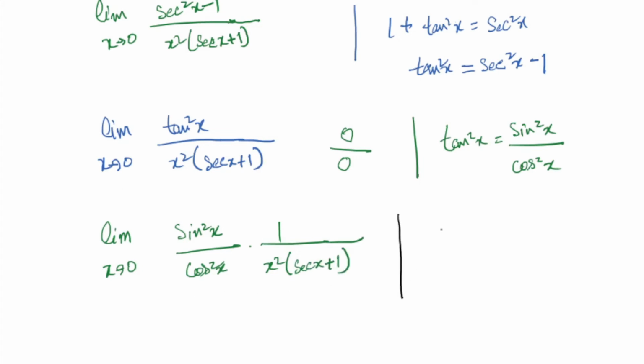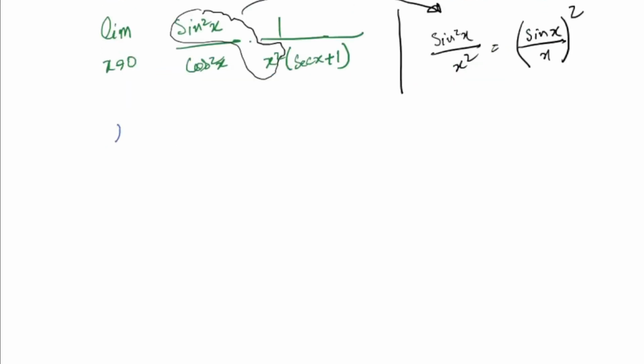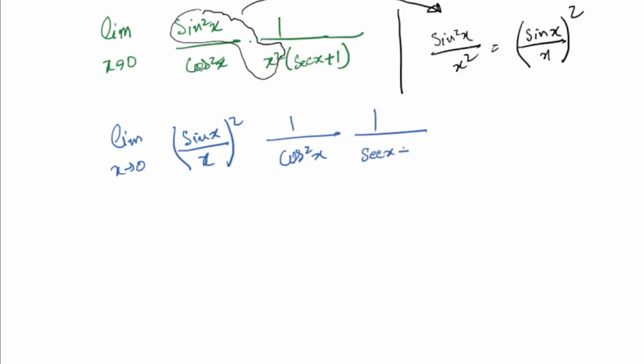Just remember that sin square x upon x square can be written as (sin x upon x) whole square. So the limit x tends to 0 of (sin x divided by x) whole square, times 1 upon cos square x, and then 1 upon sec x plus 1.